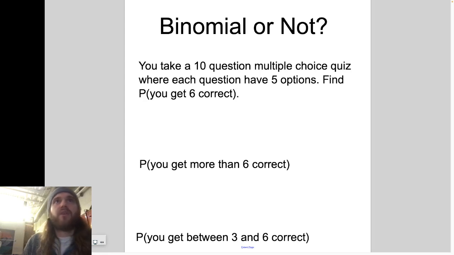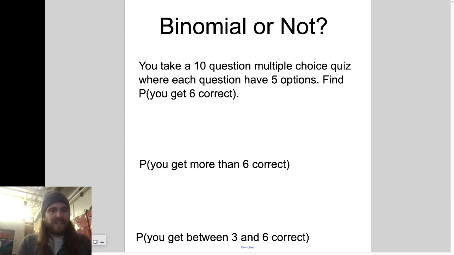You take a 10-question multiple choice quiz where each question has 5 options. Okay, let's think about this. For each question, is there a clear success or failure? Yeah, you can either get the question right or you can get the question wrong.